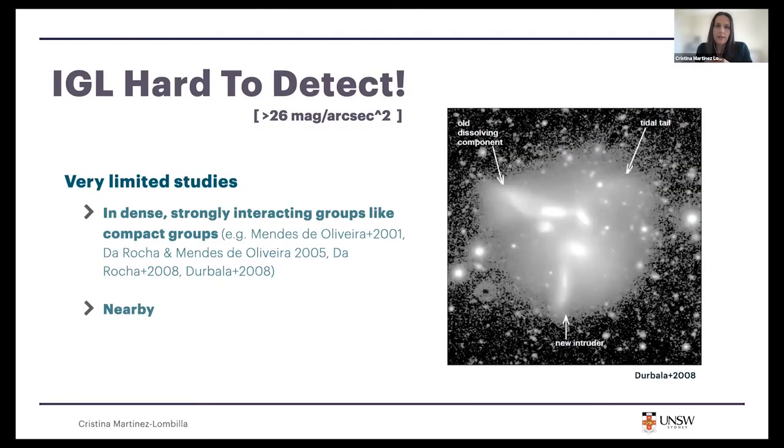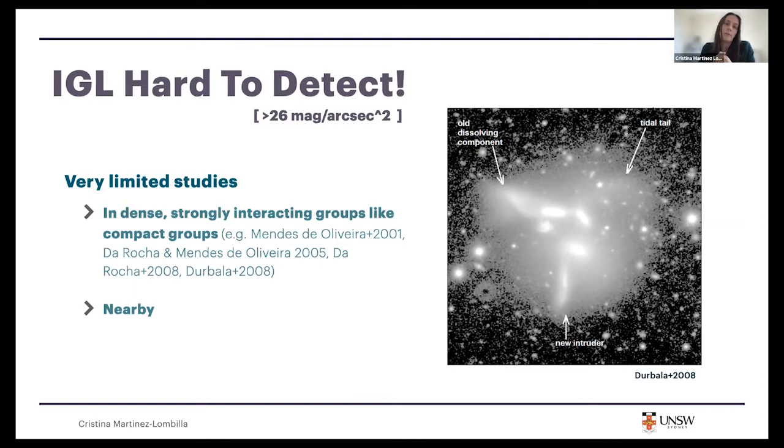However, this IGL is very faint and is in fact one of the most challenging features to detect. We are talking about reliable detections at surface brightness limits fainter than 26 magnitudes per square arcsecond. In consequence, there are very limited works with very limited samples.